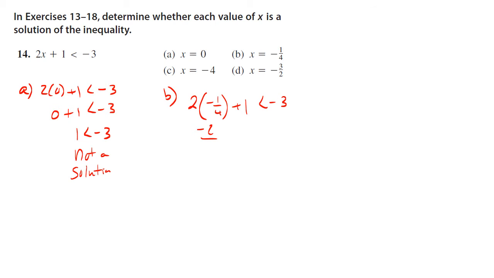So let's go with it here. If I do this, let me just multiply straight across here. And 2 times negative 1 is negative 2. 1 times 4 is 4, so I got my numbers there.